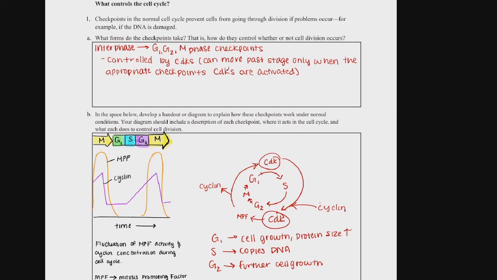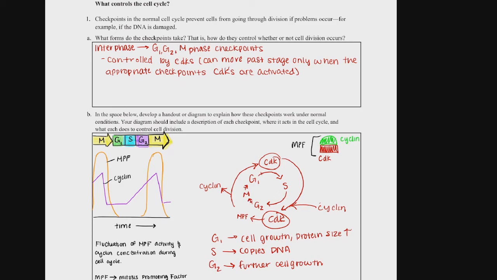And so what MPF is, to draw a little thing, if this box right here is the CDK, and this thing up here is the cyclin, this whole complex is MPF. So that's exactly right. I just wanted to draw that for you.